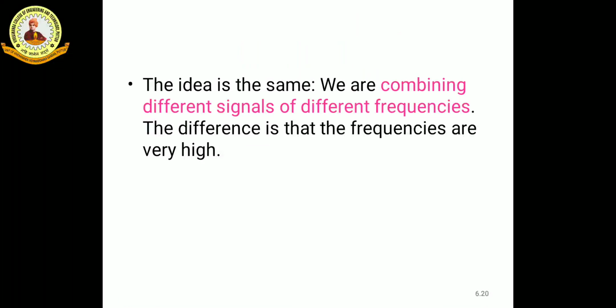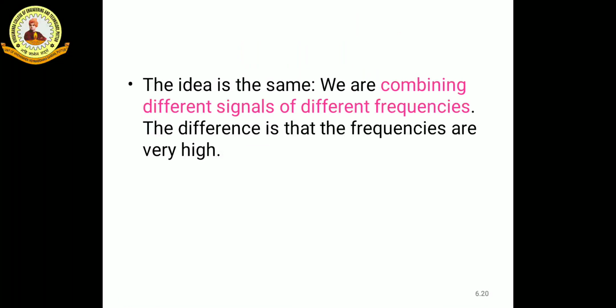The idea here is the same. We are combining different signals of different frequencies. In FDM, we combined different signals which have different frequencies. Here we are combining signals with different wavelengths.